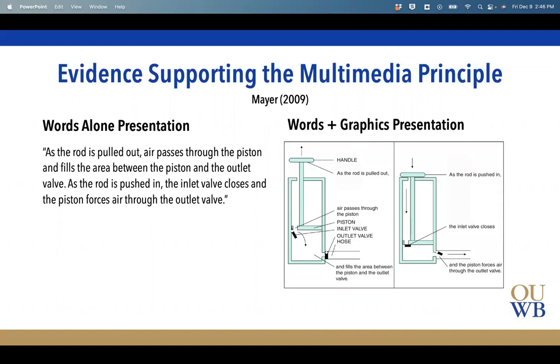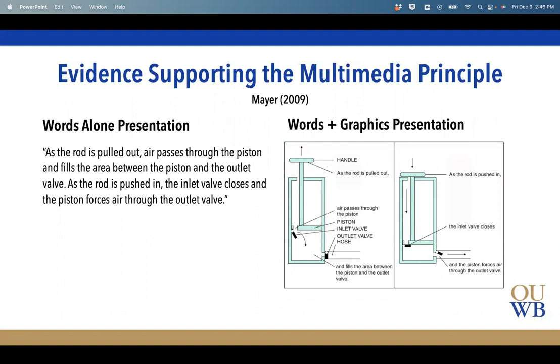So students simply got the text on the left to conceptualize. So they had to do all the internal conceptualization themselves. They had to organize those words into their own mental representation. Go ahead, read the text without looking at the image if you can. Can you effectively conceptualize what that would look like?